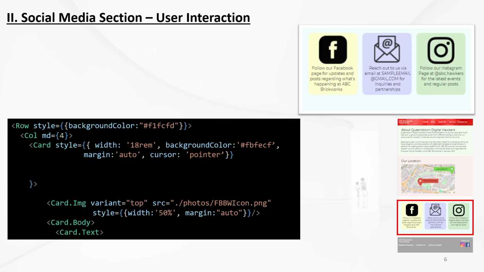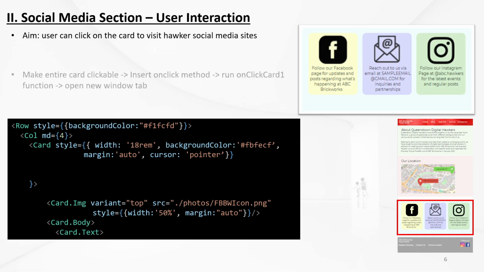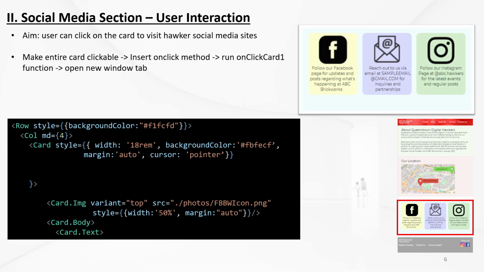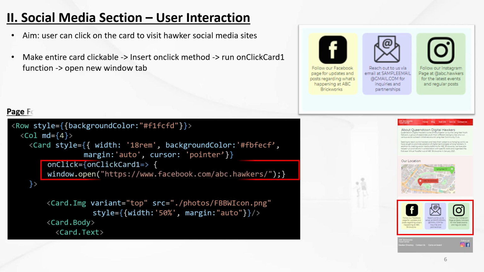Since we are done with the interface, we want to add the user interaction. We want to let the user click on the card, and in turn reroute them to the hawker social media sites. For the entire card to be clickable, we need to insert an onClick method, and this onClick method will execute a function called onClickCard1.